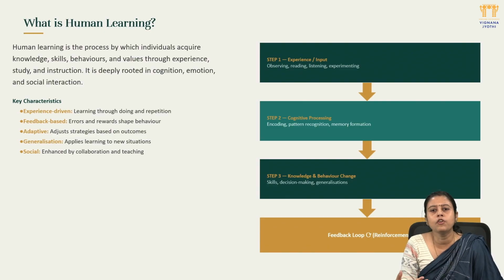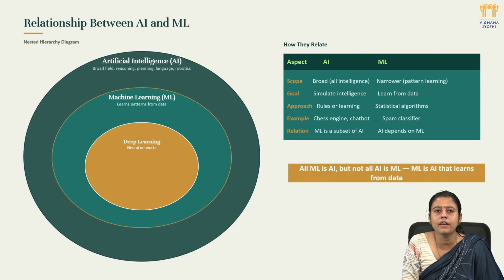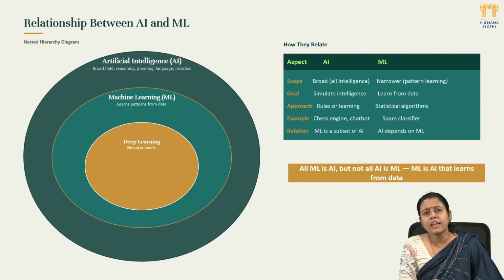When he grows up, he has the skills, decision making, and a generalized idea, and with the help of feedback, that reinforcement, he starts to think with his own behavior and his own skill. As scientists, we are also trying to mimic the same thing in AI. So this is the difference between human learning and AI.